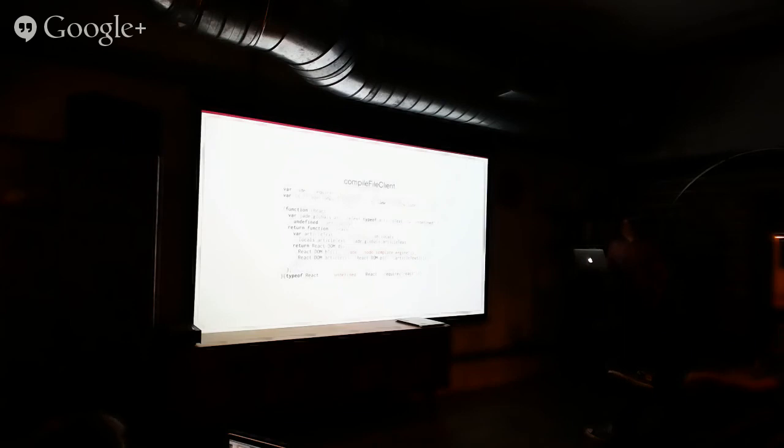So in order to run client side, you want to be able to compile your Jade template in advance and then give it to the client as a compiled bit of JavaScript. So React Jade also offers a method called compileFileClient, which takes a file, compiles it to JavaScript, and then returns that string. So this is a self-calling function that returns a function.